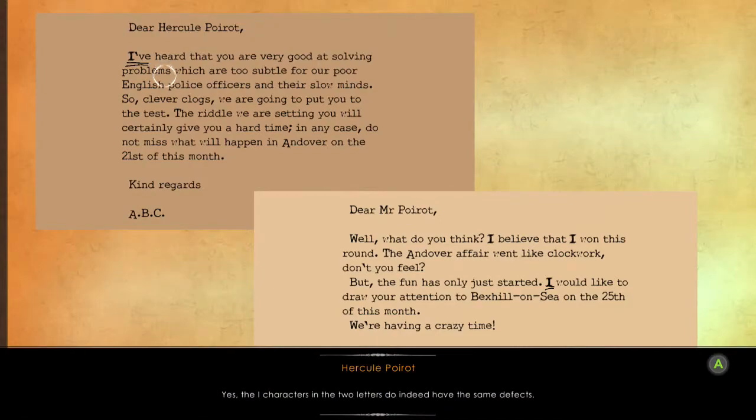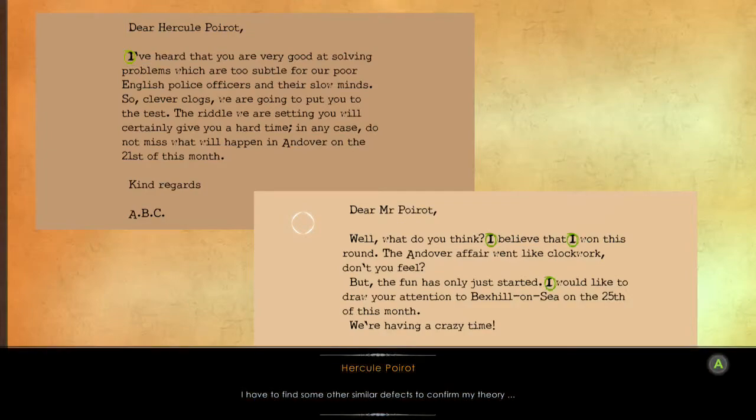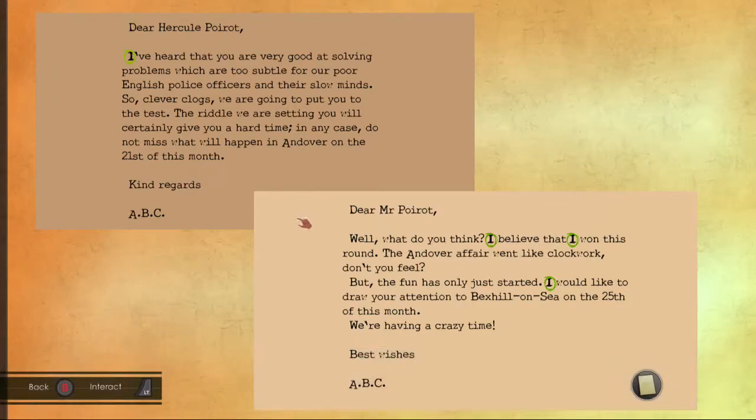Yes, the I characters in the two letters do indeed have the same defect. I have to find some other similar defects to confirm my theory. Okay, well, the A's are the same. I think.